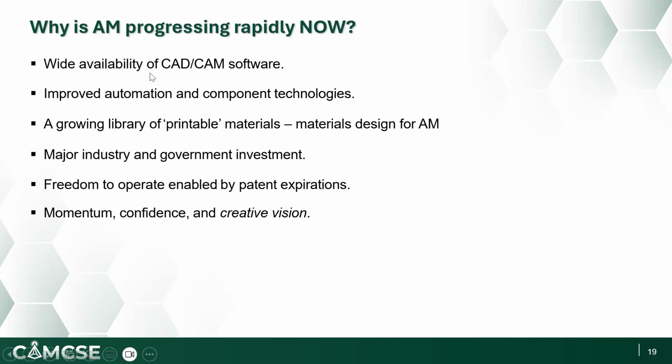This is very necessary for the development of additive manufacturing technology. The second reason can be traced to improved automation and component technologies. And the third reason is a growing library of printable materials. Basically, there are a lot of material studies for additive manufacturing processes, which makes the material design for additive manufacturing more mature compared with 30 or 40 years ago.